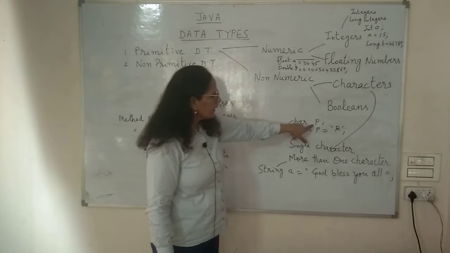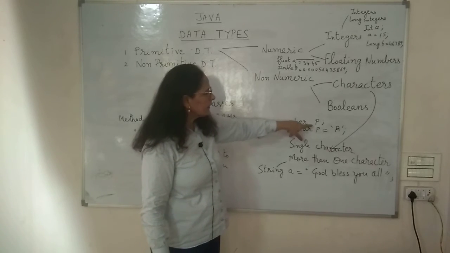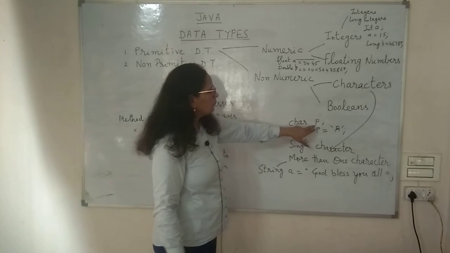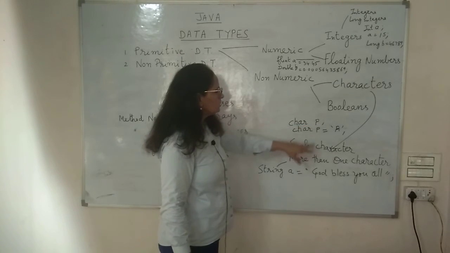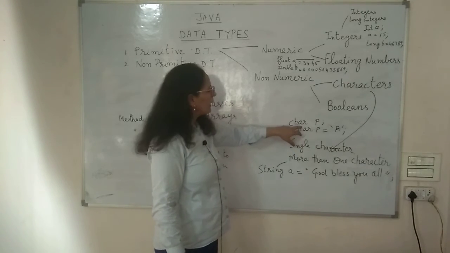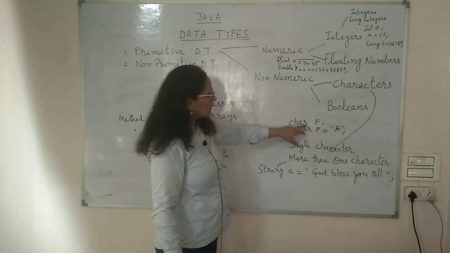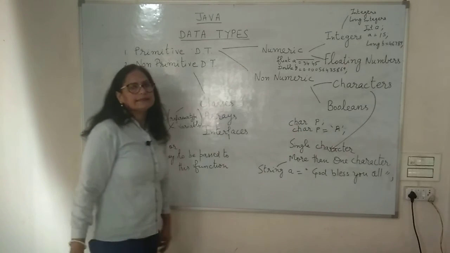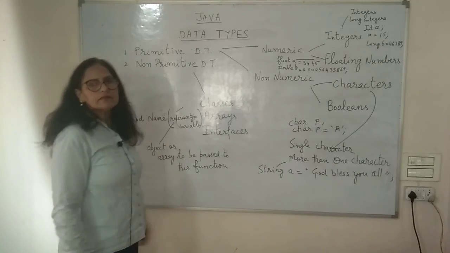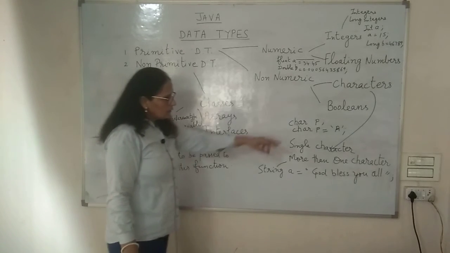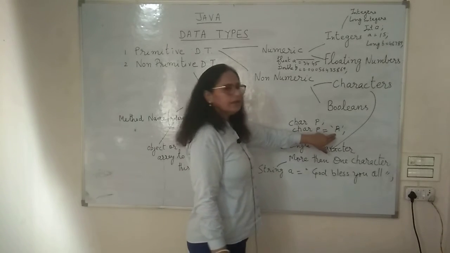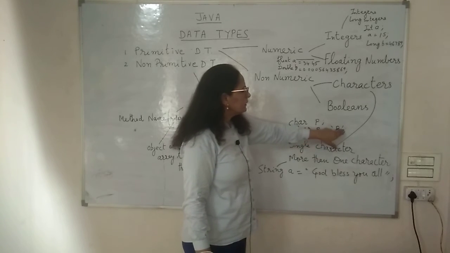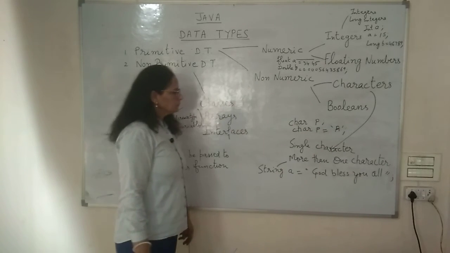And here we can write how we declare the character data type: by writing char P and then the semicolon. Here P is the identifier and char is the character data type. This is the keyword again, and in the second statement we have initialized it by giving the value 'A'. And have you noticed that the value A of the character data type, we have stored inside single quotes.